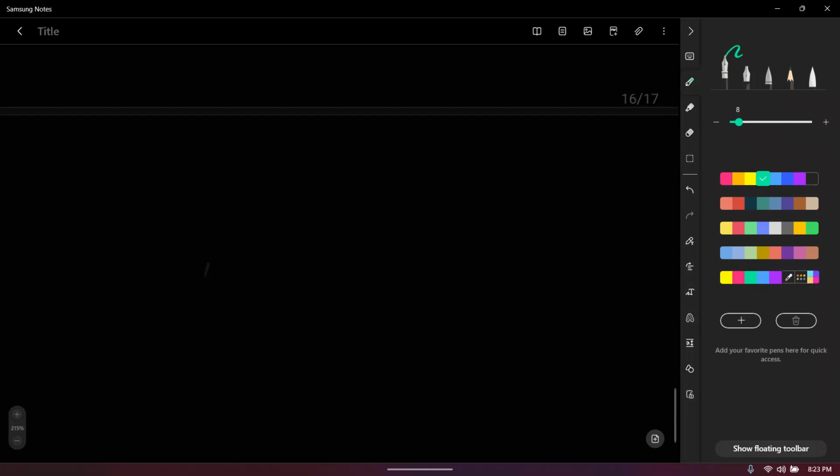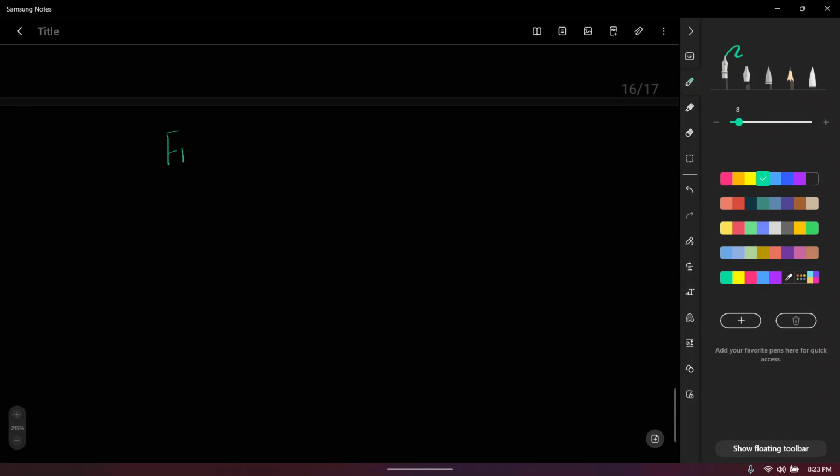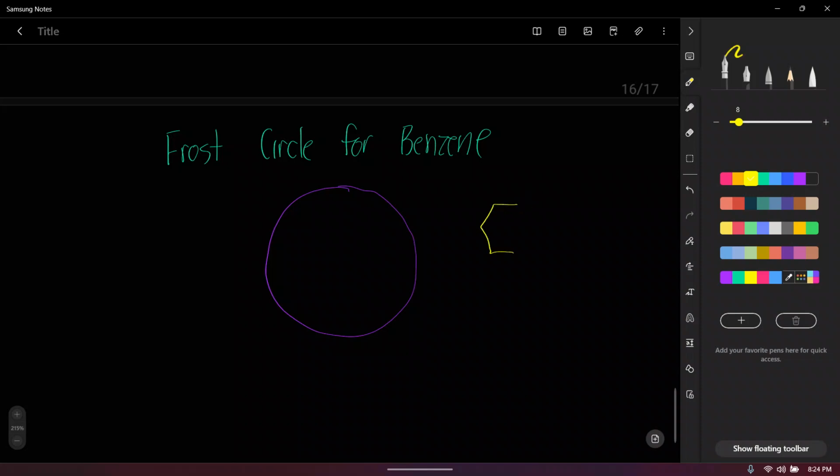So let's see if we can draw a Frost circle for benzene. We're going to start by drawing a giant circle. And I then have to put in benzene, but I need to make sure that the bottom of benzene is a point rather than flat. Some people will draw benzene like this, but obviously the bottom here is flat, so that's not going to work.